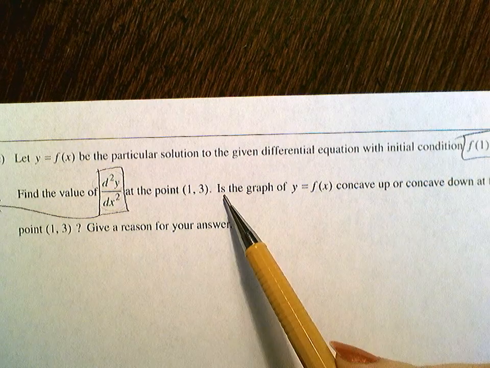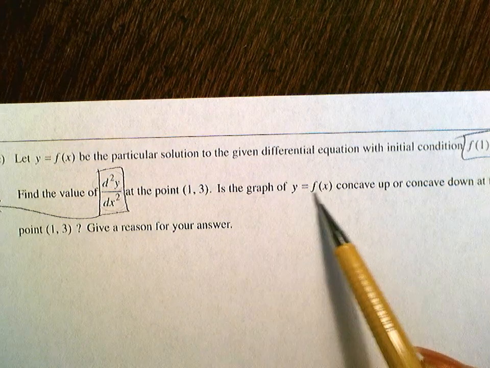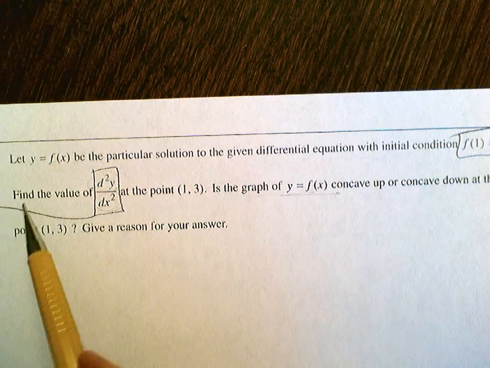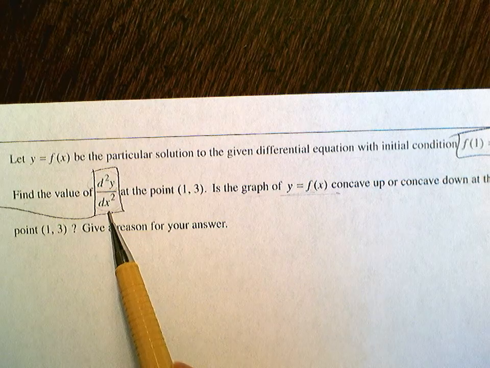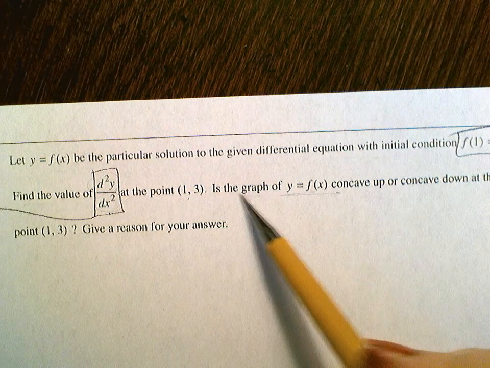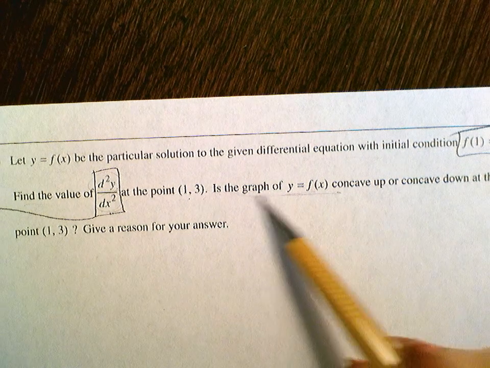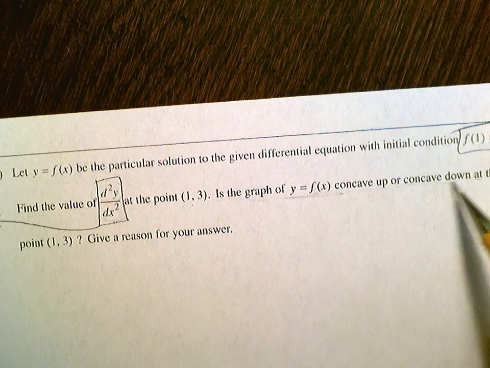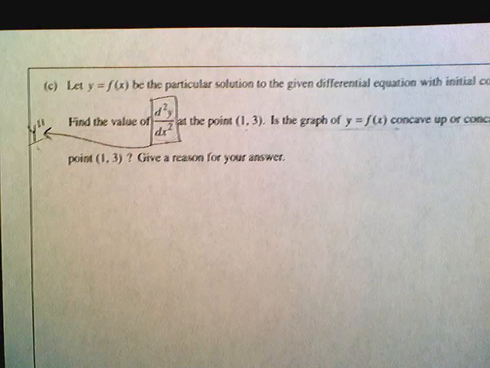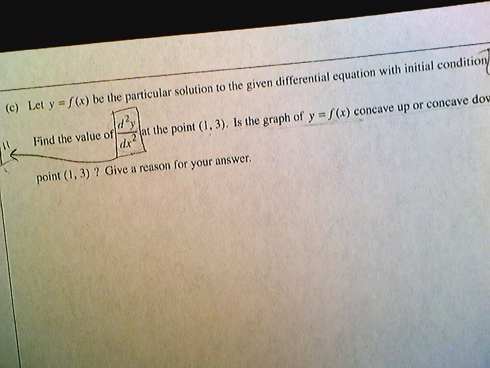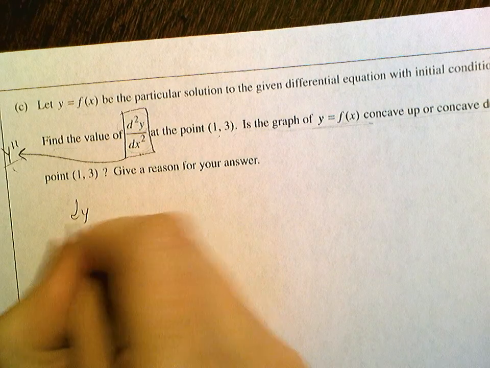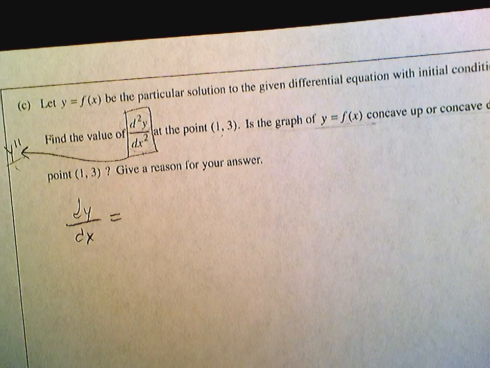So anyway, we're going to find the value of the second derivative at this point. And then we're going to answer, is the graph of this concave up or concave down at that point? And then we're going to give a reason for our answer. So we got to go back to the beginning.